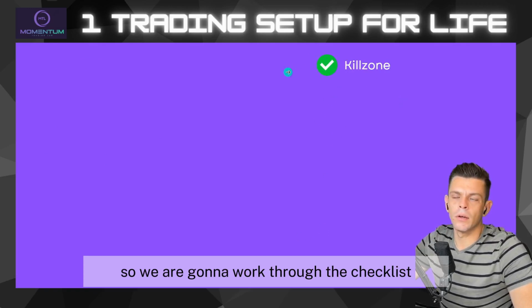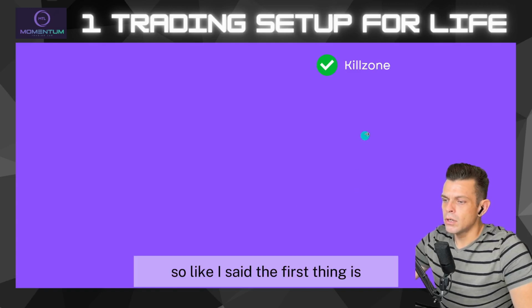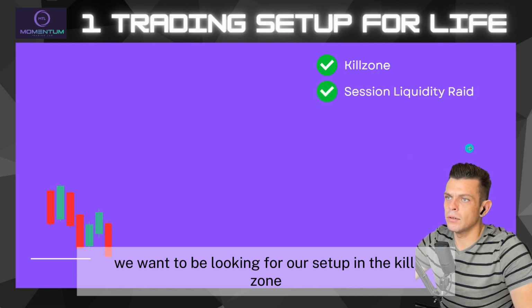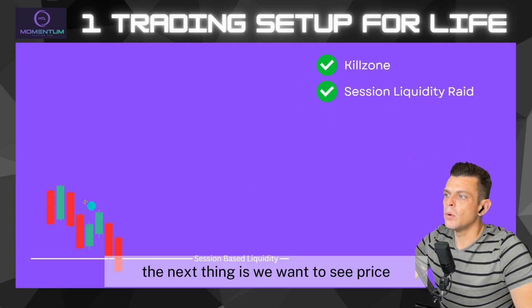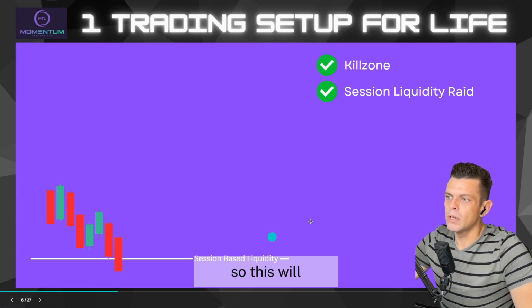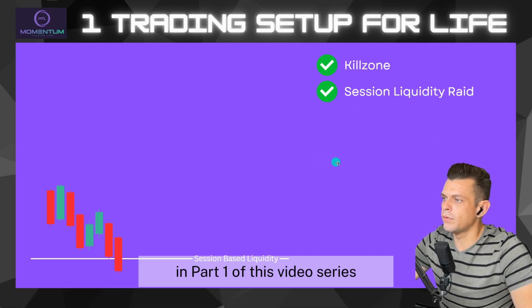Okay, so that will be the very first item on our checklist. So we are going to work through the checklist and then we are going to look at some examples. So like I said, the first thing is we want to be looking for our setup in the kill zone. The next thing is we want to see price trade into a session-based liquidity pools. So this will be the liquidity pools that we identified in part 1 of this video series.